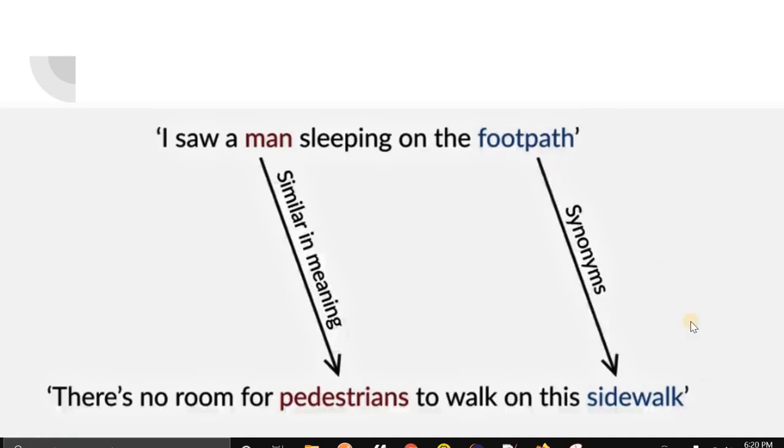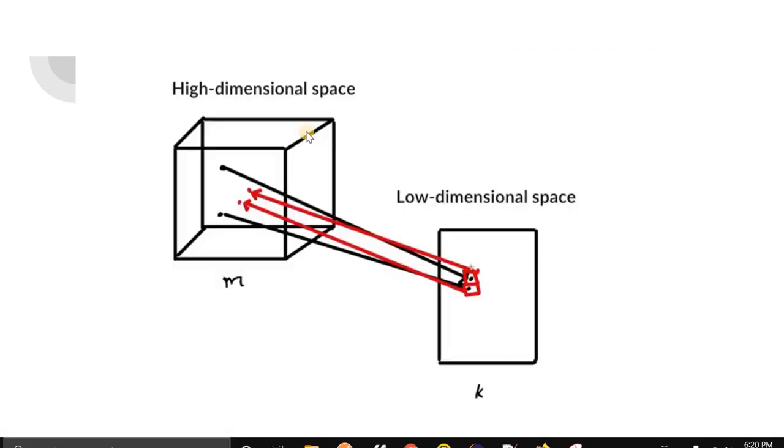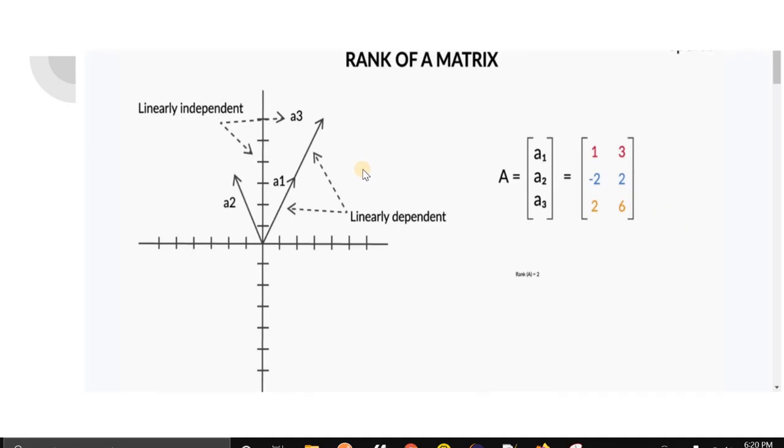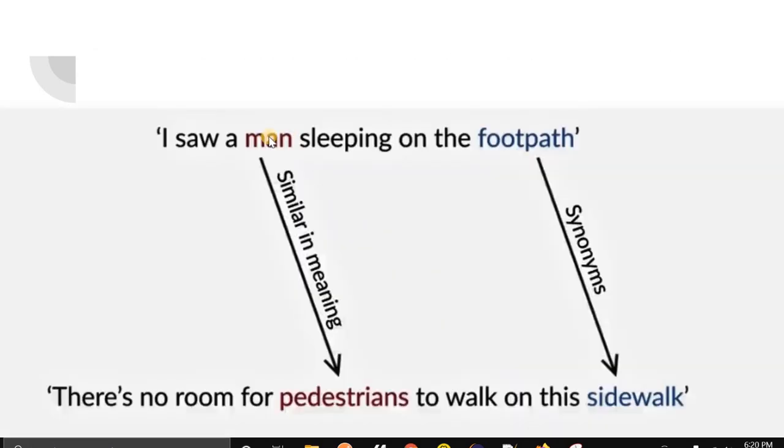So there was enough distance before. The occurrence matrix which we formed has words with a farther distance. But after reducing the dimension using singular value decomposition, the distance between man and pedestrian is almost reduced to zero.